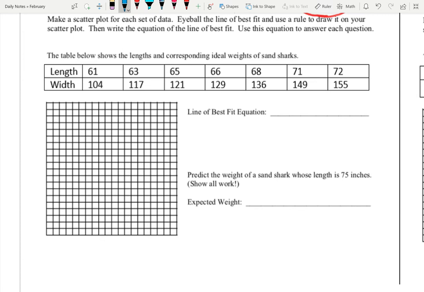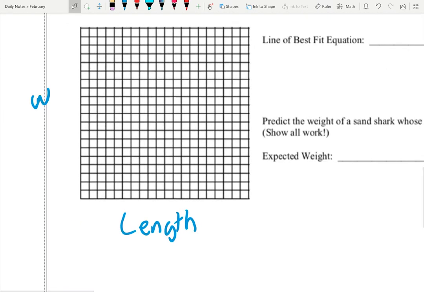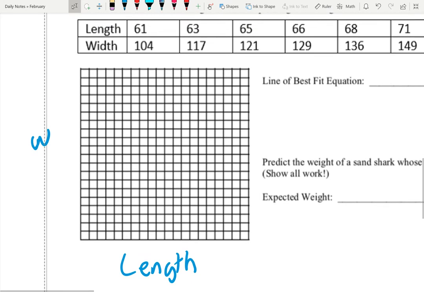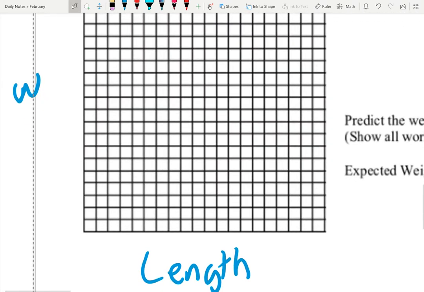Okay. So here we're going to put length on the bottom. I'll put width. I'll just abbreviate W here on the side. Now length goes 100 up to like 150 up to 160-ish. So let me zoom in on this real quick. So for my length, since I'm going from essentially 100 to 150, let's do, let's see here. 2, 3, 4, 5, 6, 7, 8.